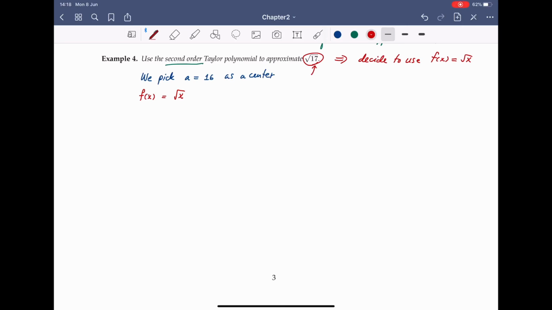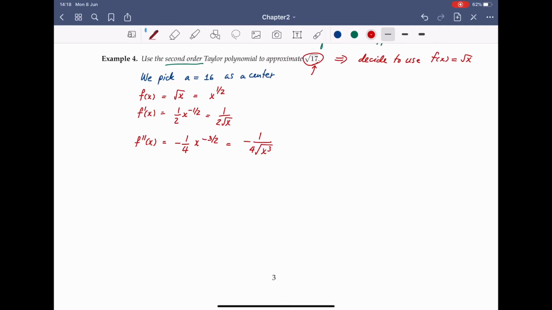So I have x to the 1/2, and if you differentiate this, you're gonna have f'(x) equal to 1/2 times x to the negative 1/2, which is 1 over 2 square root of x. Then f''(x) is negative 1/4 times x to the negative 3/2, which is negative 1/4 times square root of x cubed.